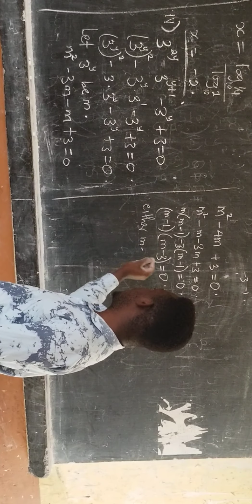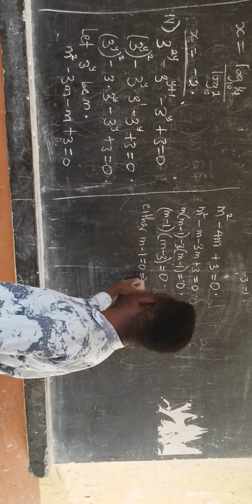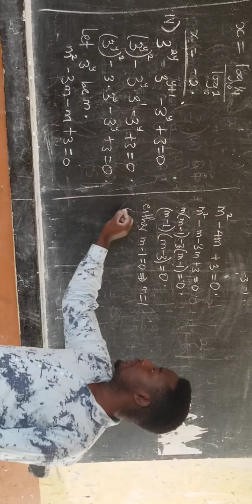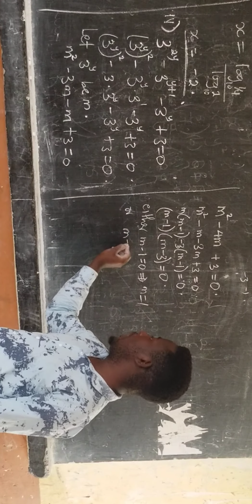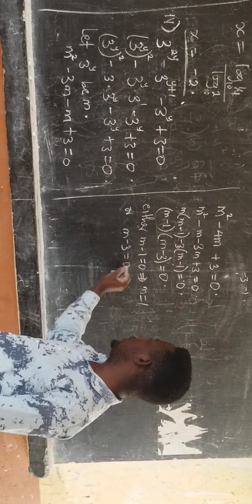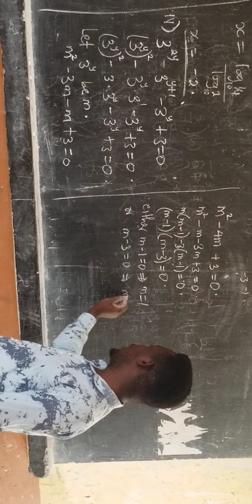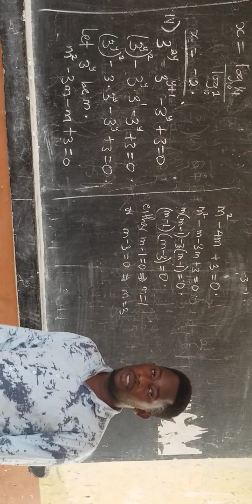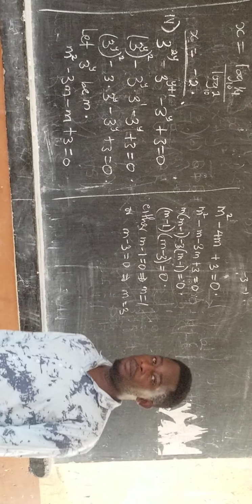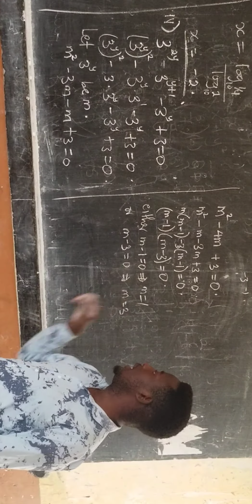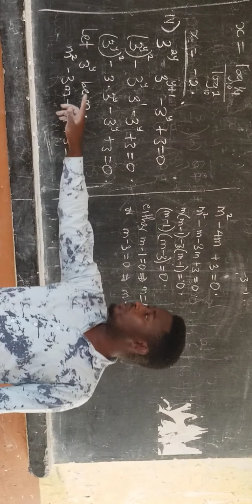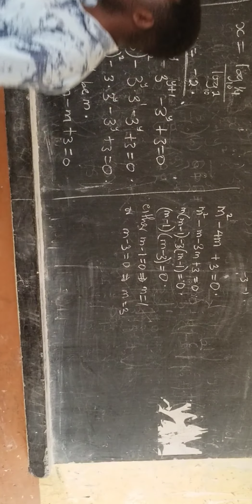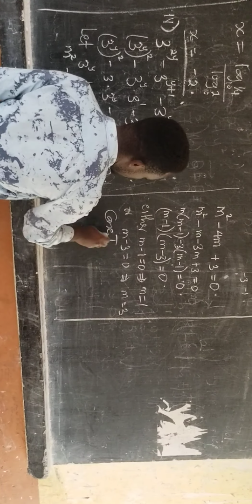Either m minus 1 is equal to 0, which implies that m is 1, or m minus 3 is equal to 0, implying that m is equal to 3. So I am going to use this to get the value of y. That's case 1.